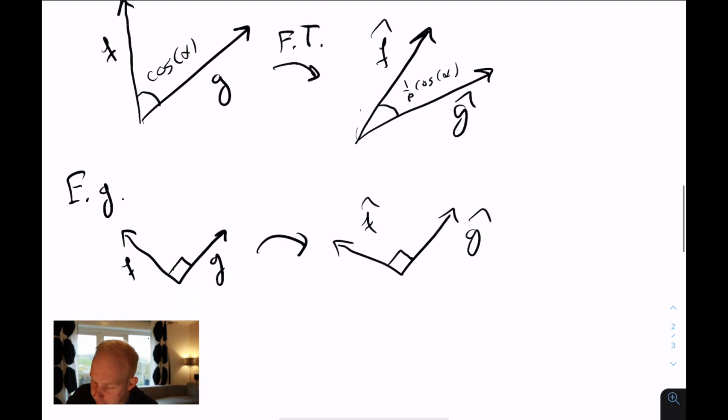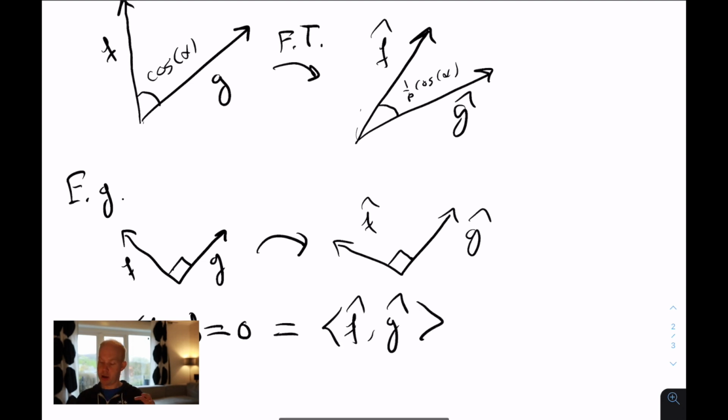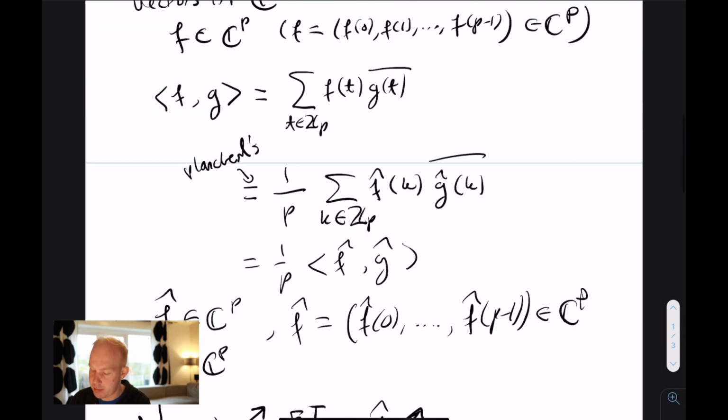So if the inner product of f and g is 0, then also the Fourier transforms have the same inner product, which is equal to 0. So the orthogonality of these functions is preserved on the Fourier side as well. So that's the basic idea of Plancherel's theorem.